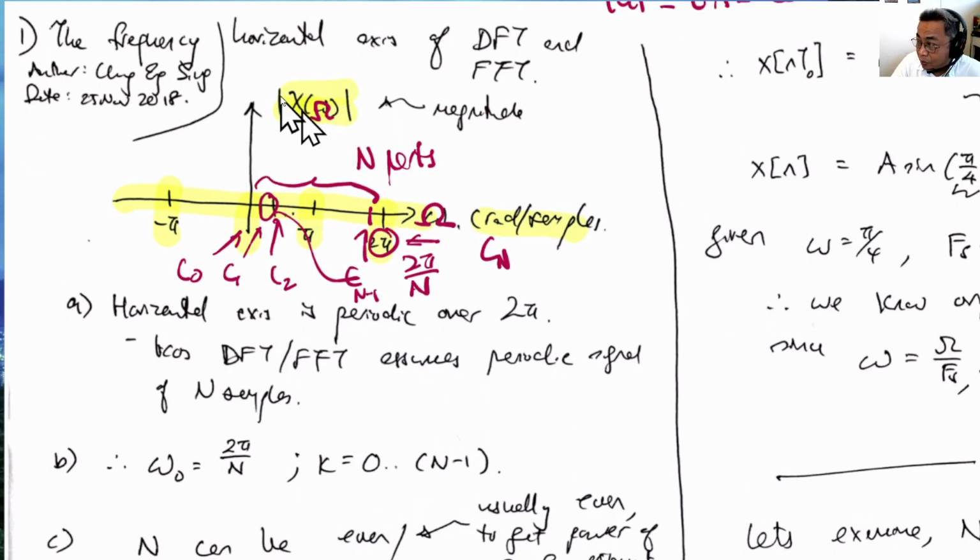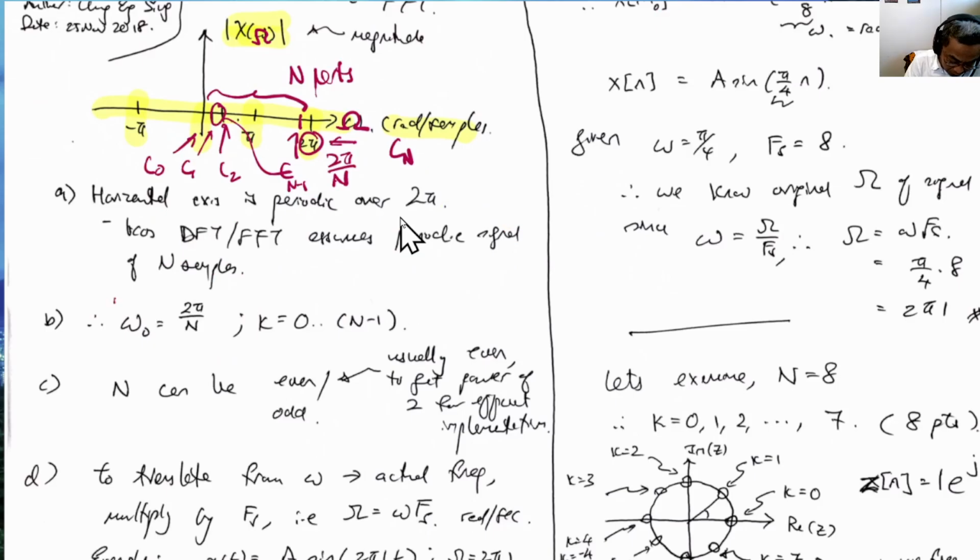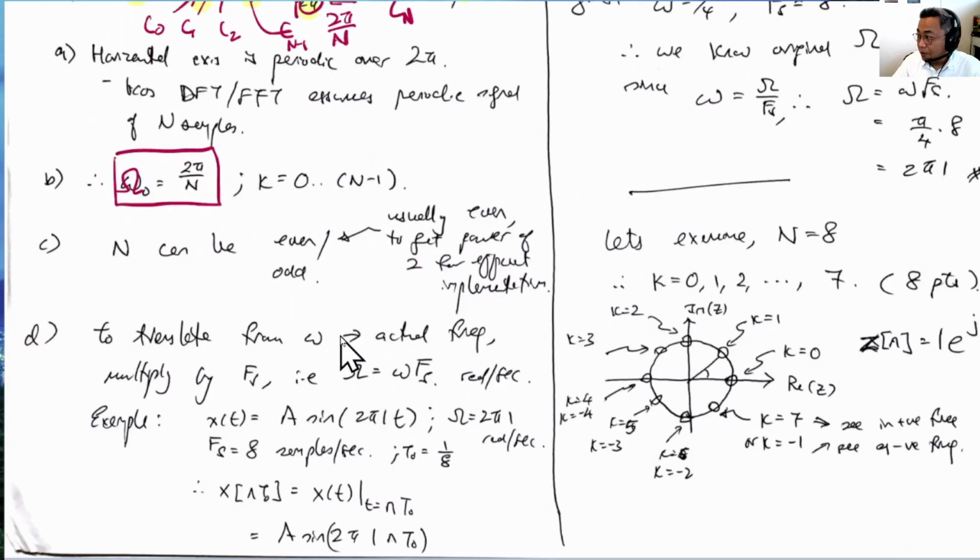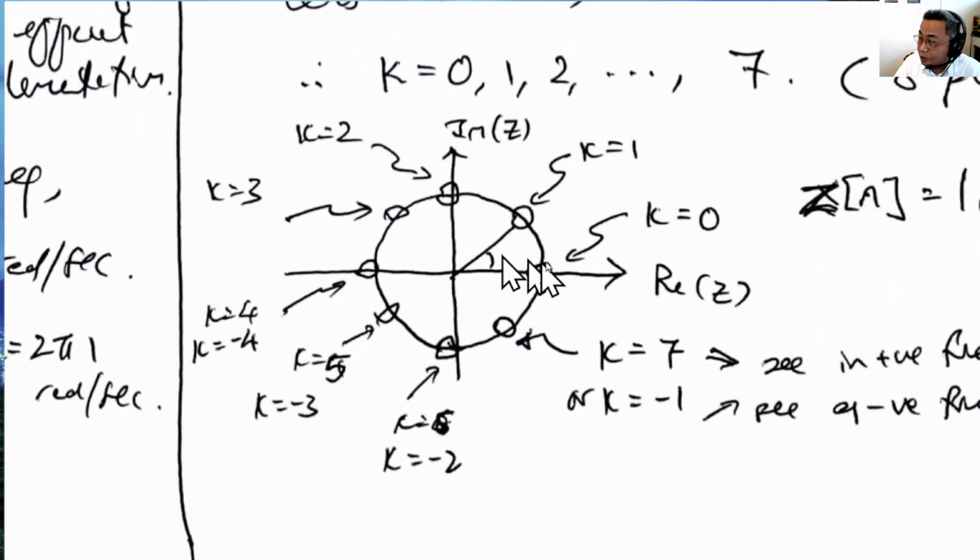In this case, I should have written it as big omega to denote the digital angular frequency, radians per sample. Some common notation: if I use big omega 0, this is the fundamental digital frequency, which is 2 pi divided by N. You can also use this diagram to visualize the change of the angular frequency.